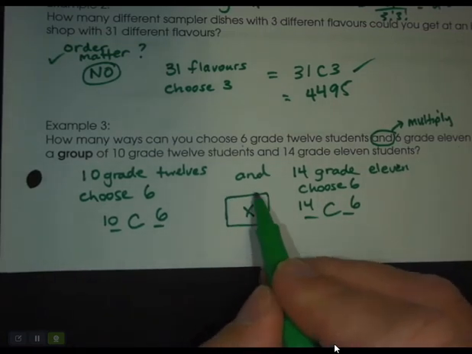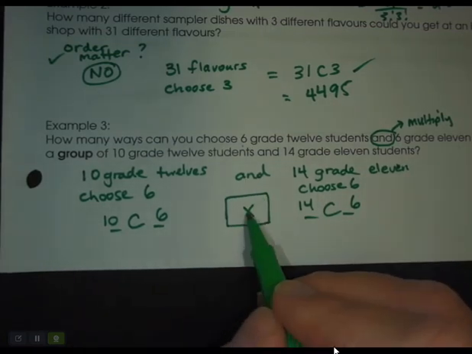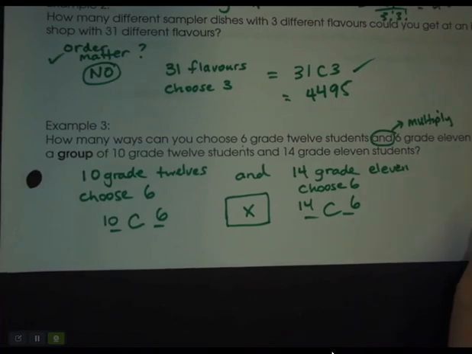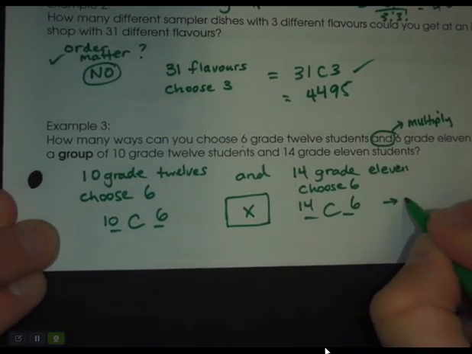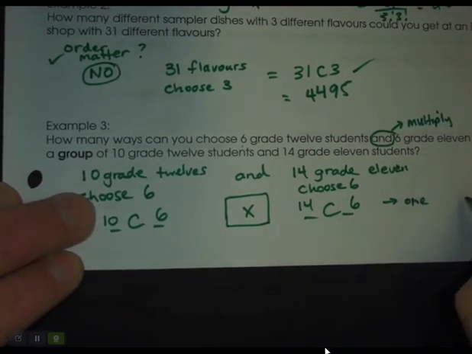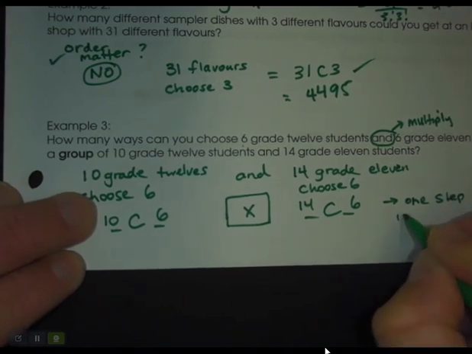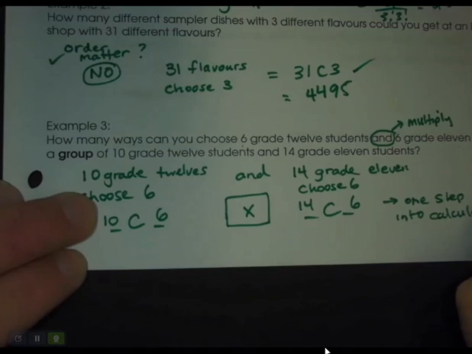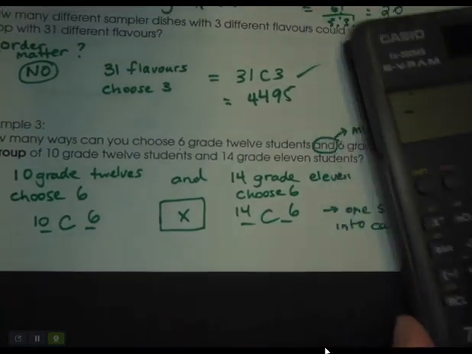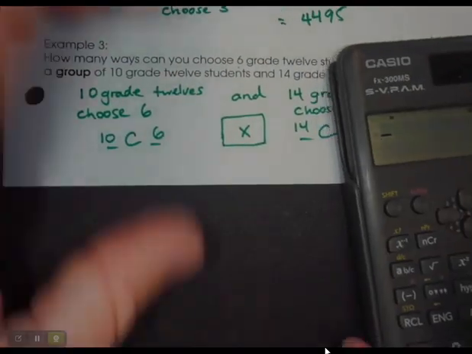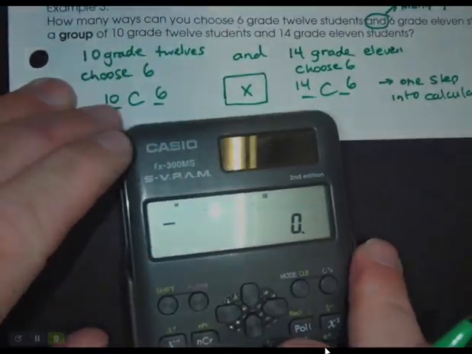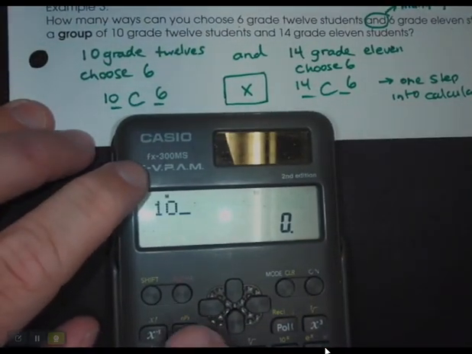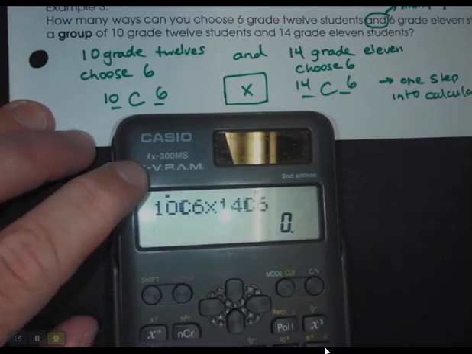And we're choosing to multiply because this is an event that's occurring at the same time. We can do this all in one step. If I was doing this in one step in my calculator, this is what it would look like: 10 choose 6 times 14 choose 6.